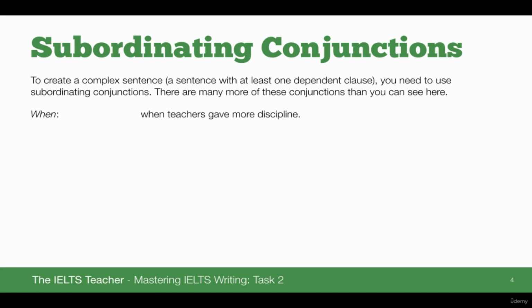When is a subordinating conjunction? You can see that I've left part of the sentence out of this example. This just highlights the fact that the idea is incomplete. When teachers gave more discipline. There's clearly an incomplete idea here. We need more information for this to make sense. In order to keep children from eating unhealthy food, again, incomplete.